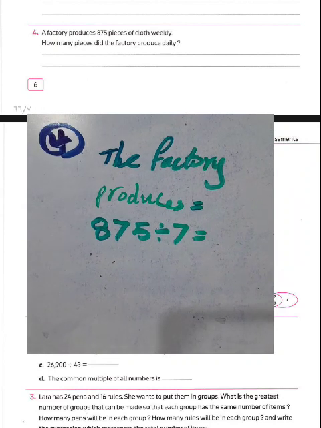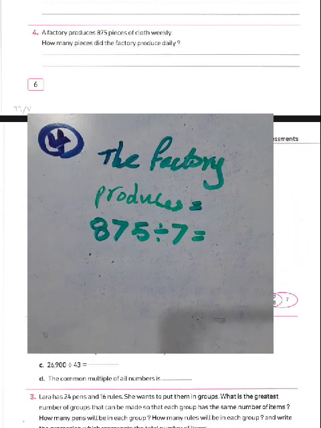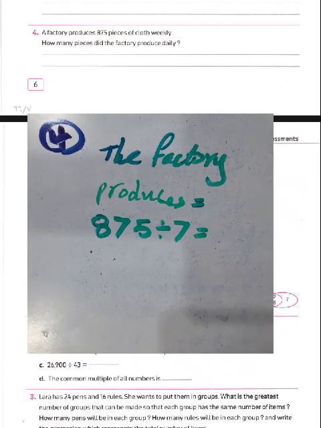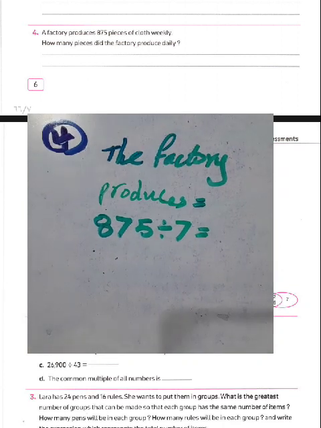You can find the daily production by dividing by the number of days.